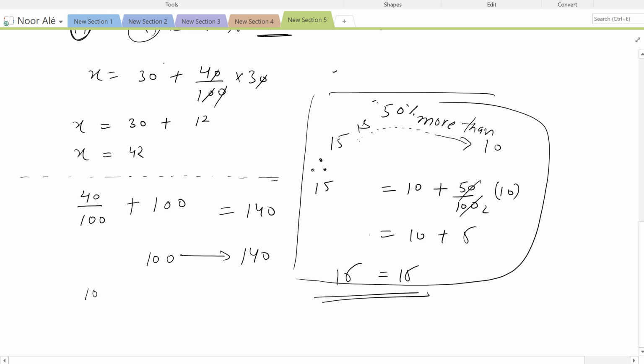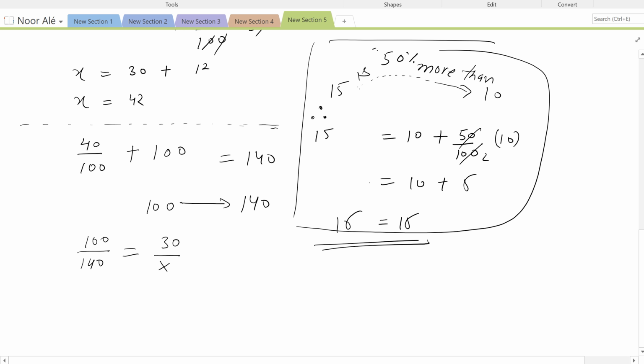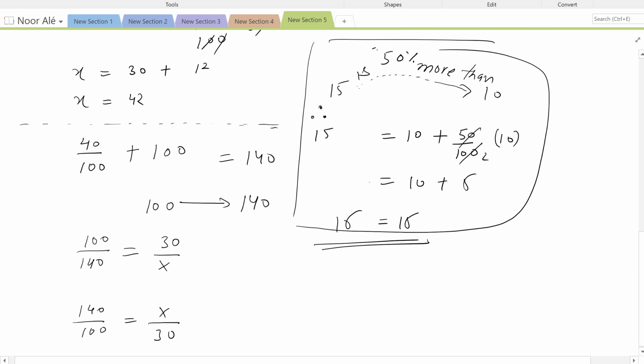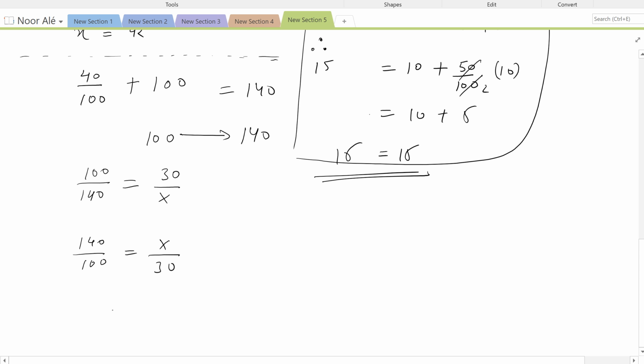So the 140 becomes the numerator, over the 100. Yeah, 100 out of 140 is the same as the number that they gave us, 30 out of, we don't know what that is. So this is a bigger number. So 100 out of 140 is the same as 30 out of x, and then you flip both sides, and by flipping you get your x on the top, or you can do the cross multiplication that you already know, and then we times both sides by 30.